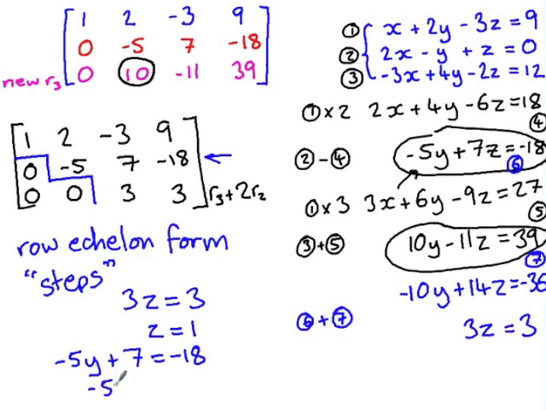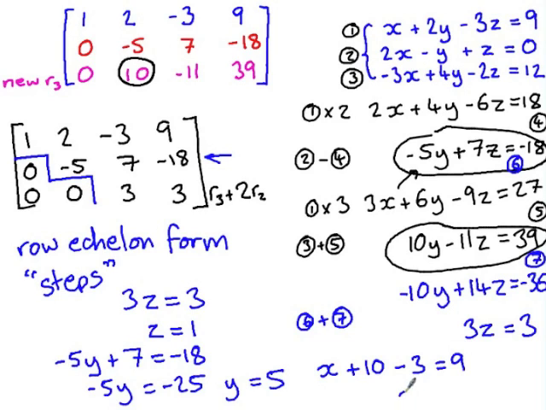So -5y is -25, and y is 5. And then I substitute back into the first row, which tells us that x plus 2y, and y is 5, so that's 10. Take 3z, so take 3, equals 9. And then x is 2.